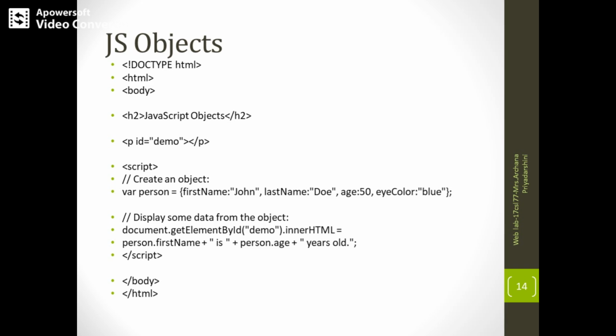Person dot age is the value associated with the property age, it is 50, and along with that, years old. We can mention this as a string. All of these will be included in the script tag within the body tag. So this is how we can create an object and display some data from the object.